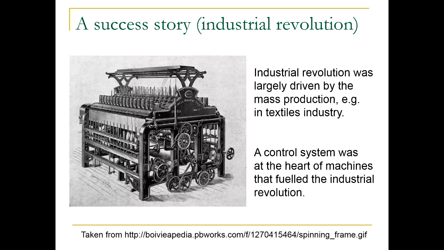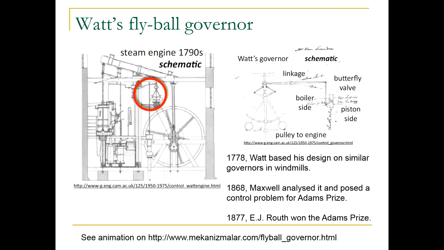Transport was another one. All the railroads started booming a bit later after the industrial revolution. But let's talk about the control system, because I'm interested to uncover for you this little control system that made all this happen.